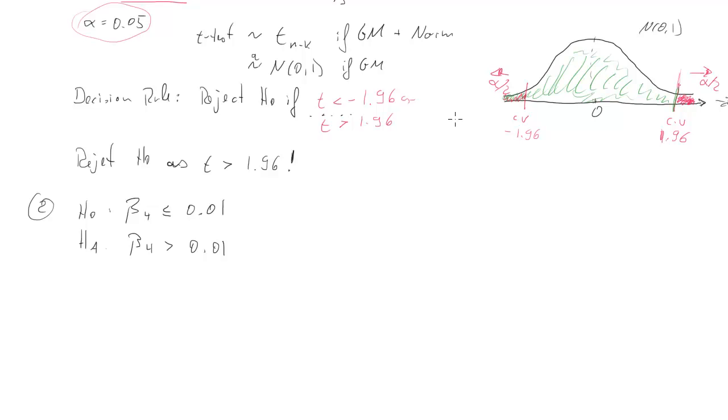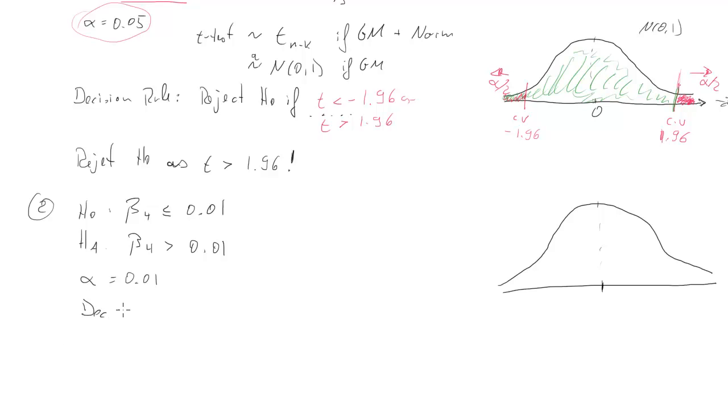Now before we do any calculations, I want to draw the picture again. It's always a good idea to first write the decision rule. Actually, before we do that, we'll use a different alpha. Let's use alpha of 1%.